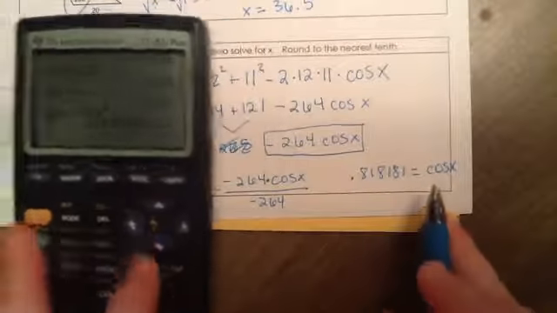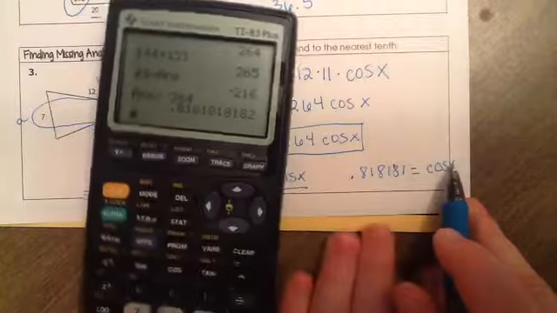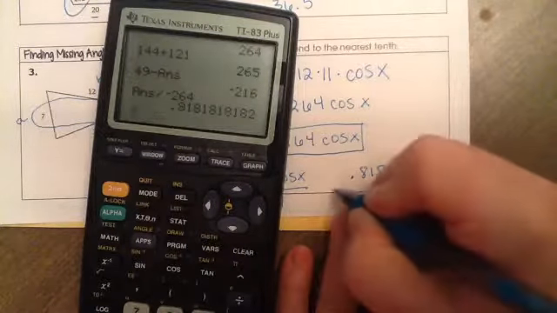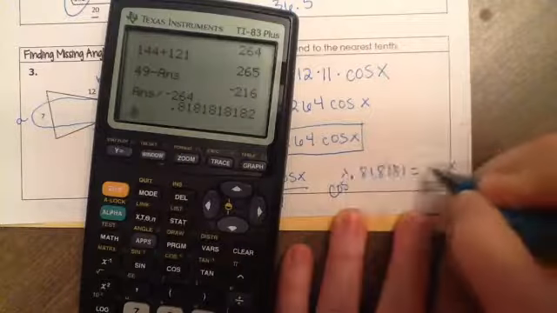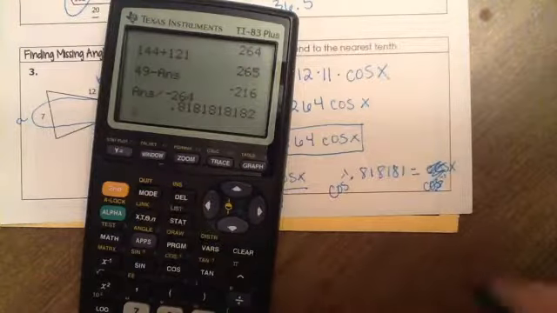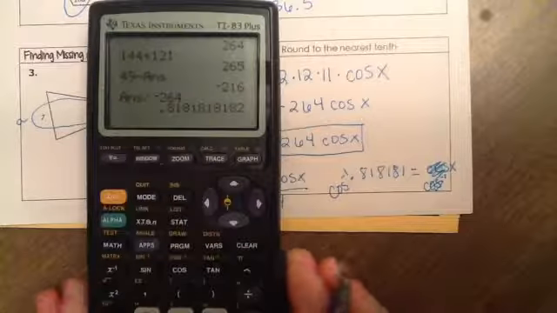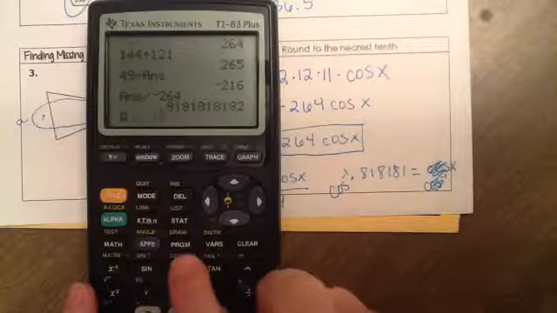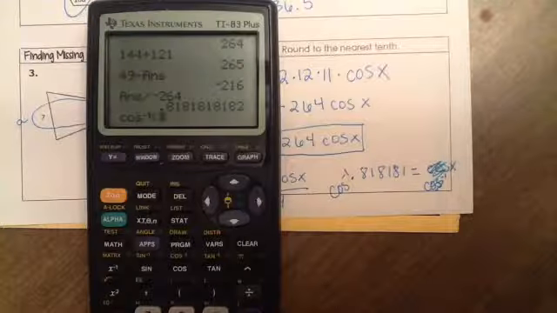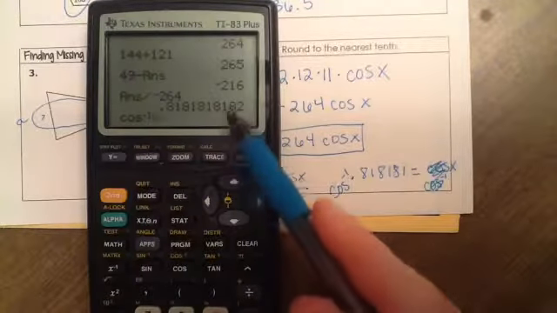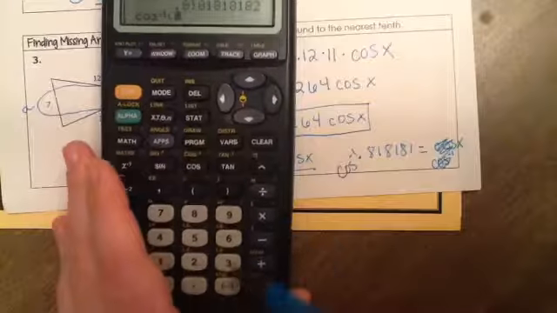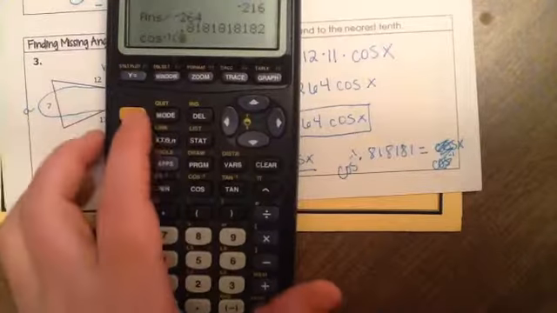Because now, how do I get rid of a cosine if I want to get to this x? Arc cosine, both sides. And we can type this into our calculator, hit second, arc cosine. And if I left this on my calculator, I can use this answer button down here to plug in all those long decimals.